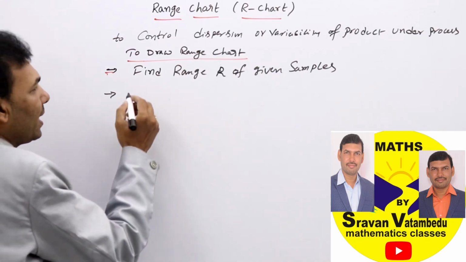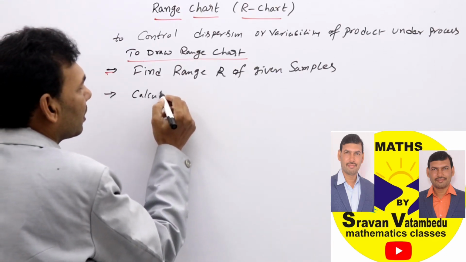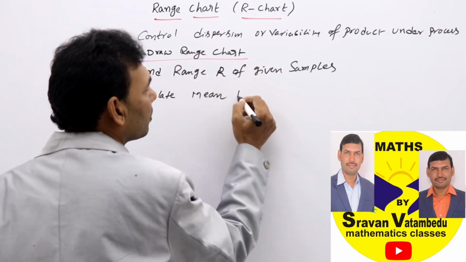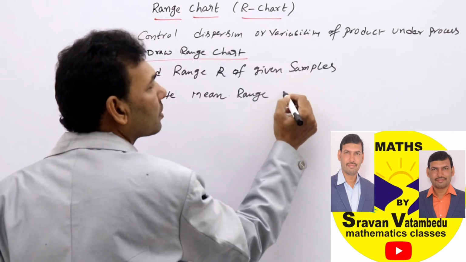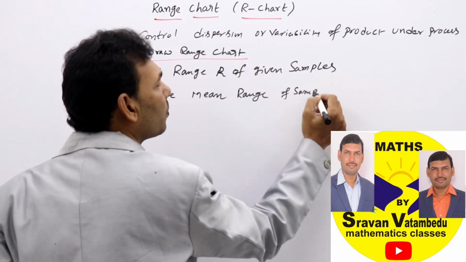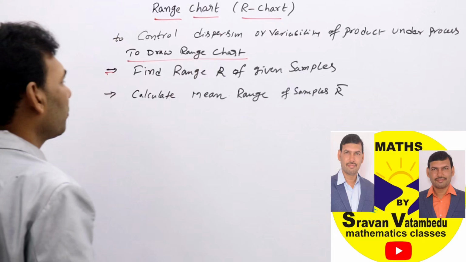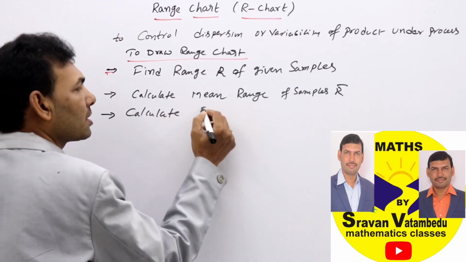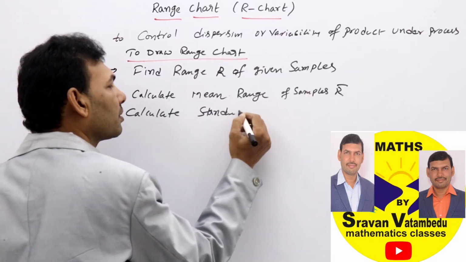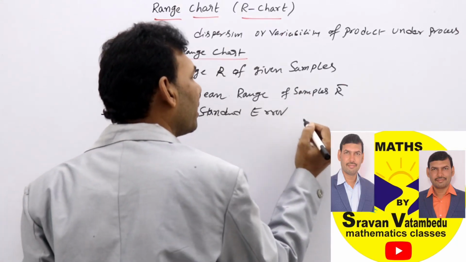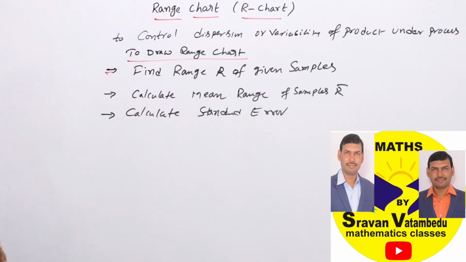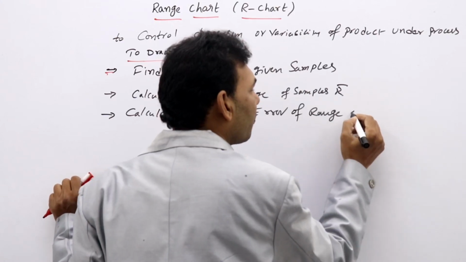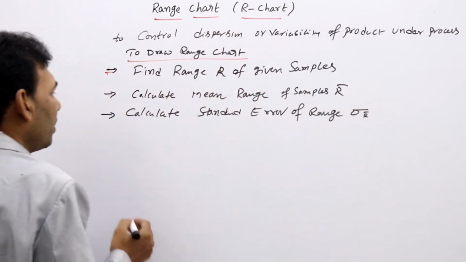Next, calculate mean range of samples. That is, we represent that like R bar. Next, calculate standard error of R bar, standard error of range, that we need to calculate, sigma R bar.